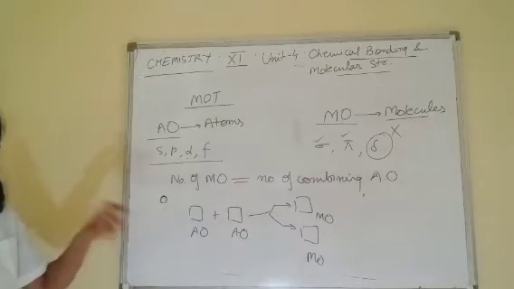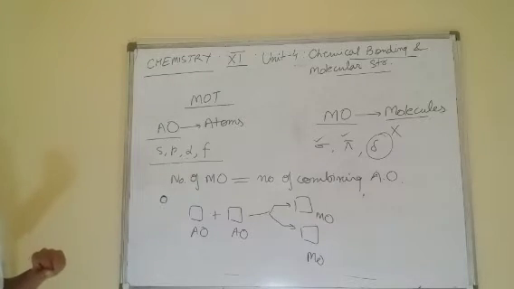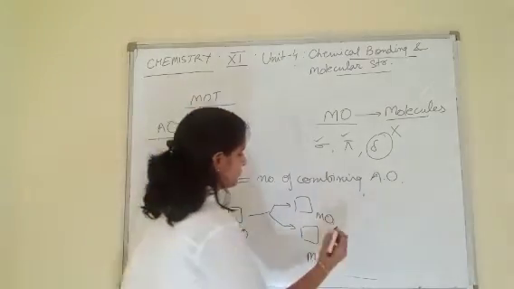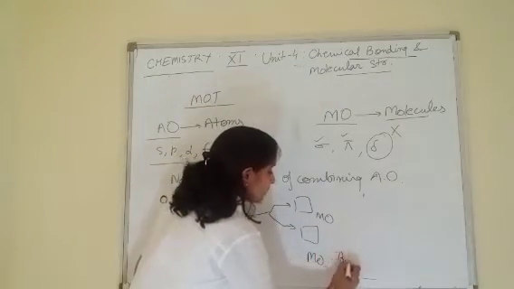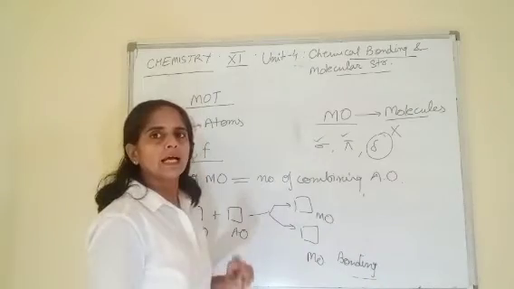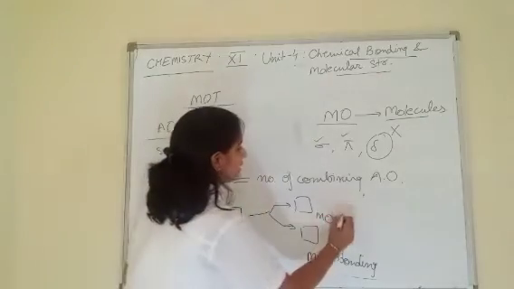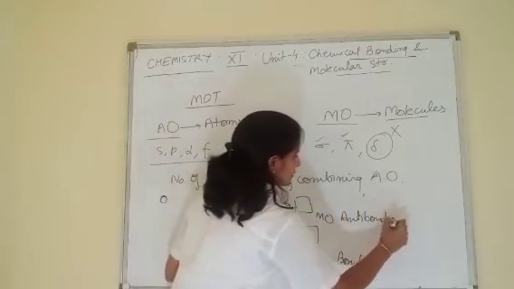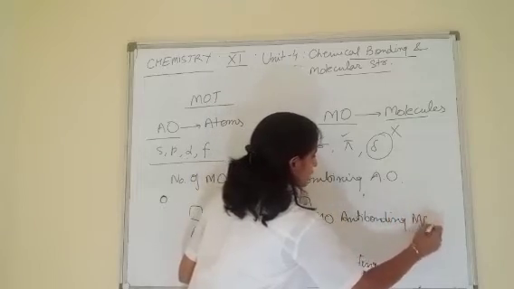What's the basic difference between these molecular orbitals? Out of these two, the one is the bonding molecular orbital and the second one is the anti-bonding molecular orbital.